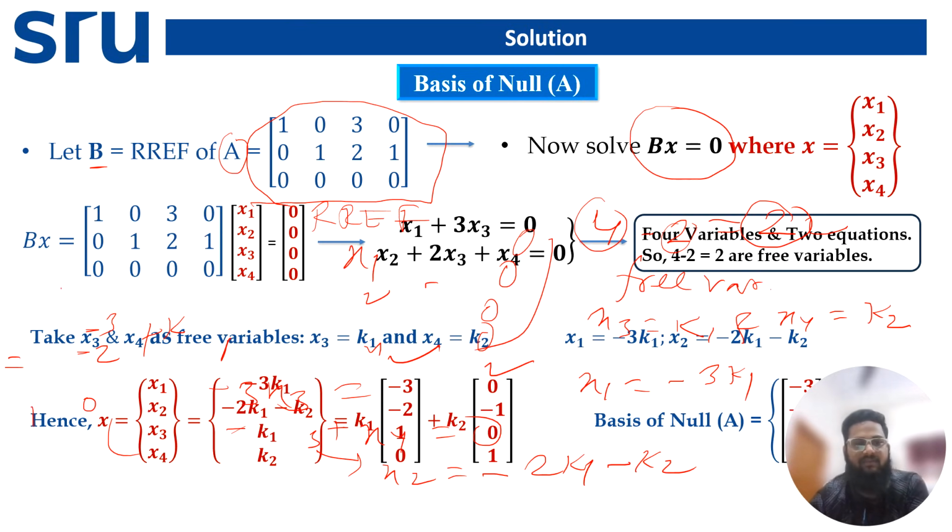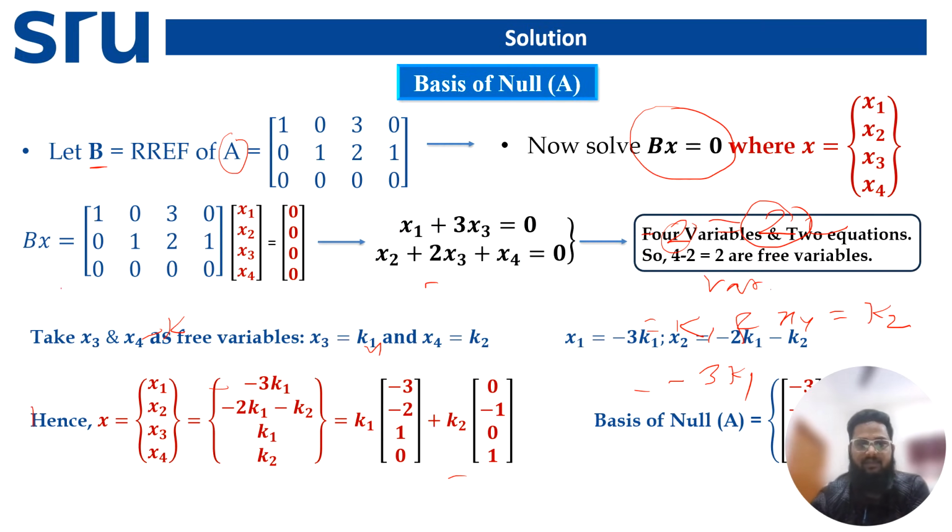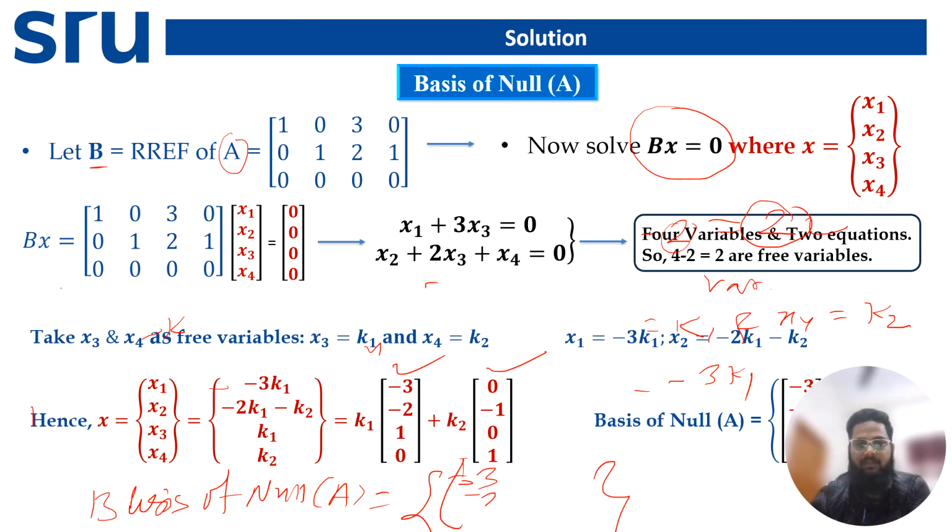Then solve it, find the values of x1, x2, x3, then put them in brackets, separate the k1, k2 and take the vectors. These two vectors are the basis of null space. So the basis of null space of A is, in the bracket, (-3, -2, 1, 0) and (0, -1, 0, 1).